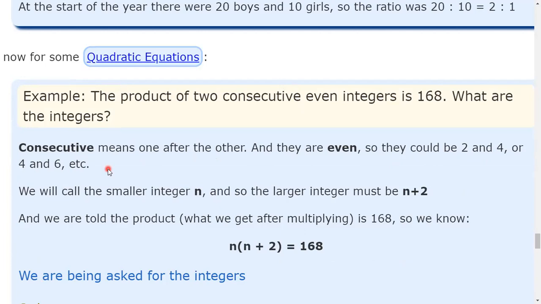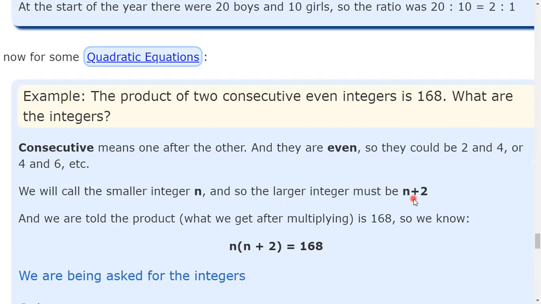So we will call the smaller integer n. The first integer is this one, and for the next we just add 2 to get the next one. How do we get consecutive even integers? Every time we are adding 2.